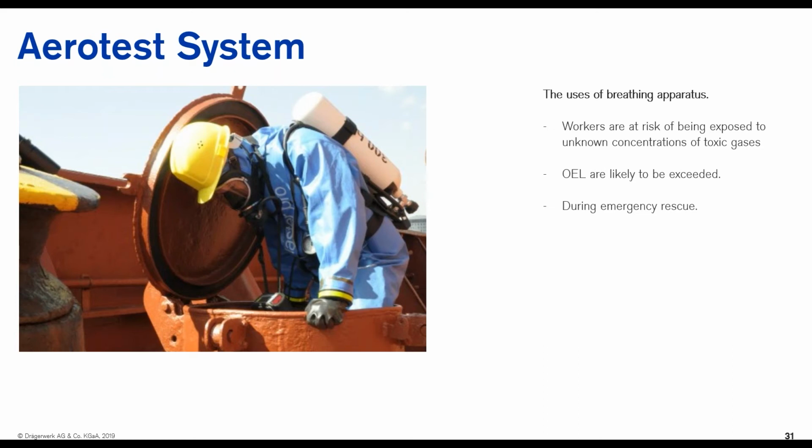It is usually used where workers are at risk of being exposed to unknown concentrations in an enclosed space, or when the OEL, the exposure limit, is likely to be exceeded. When workers are equipped with a BA set, they are protecting themselves from the risk of atmospheric hazards. But with that in mind, there are also hazards coming from contamination in the air they breathe.